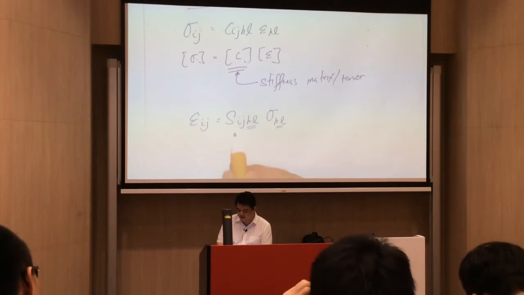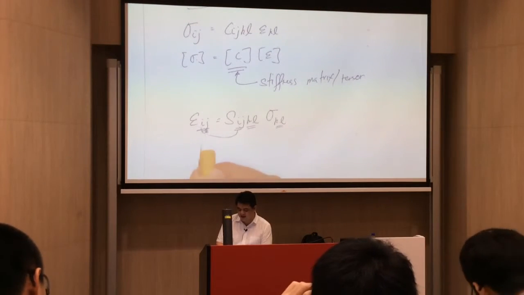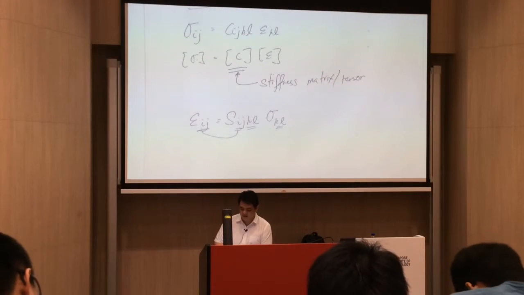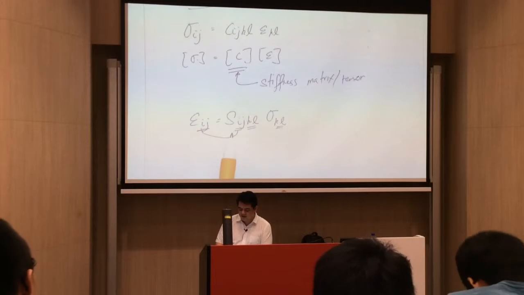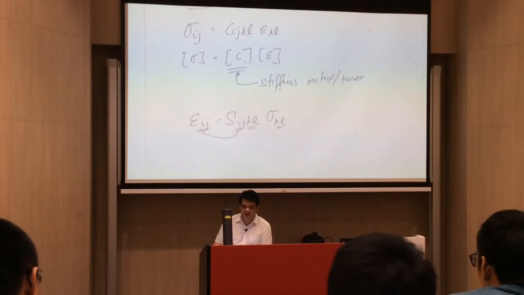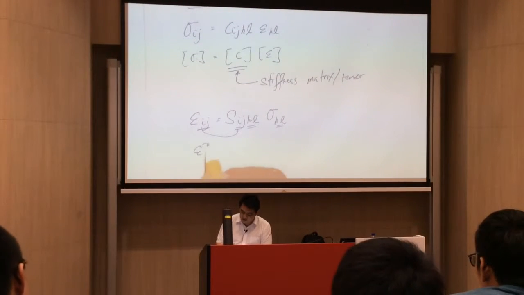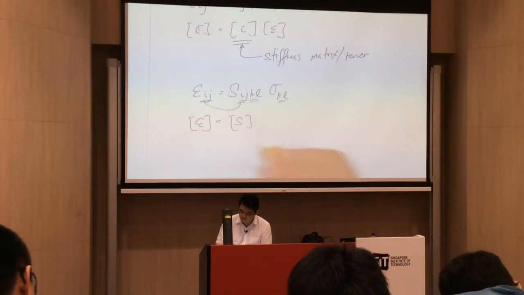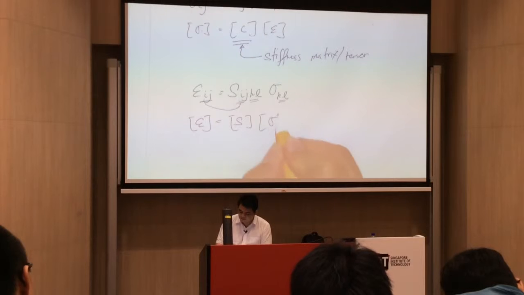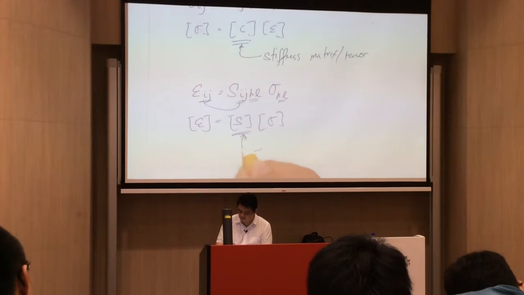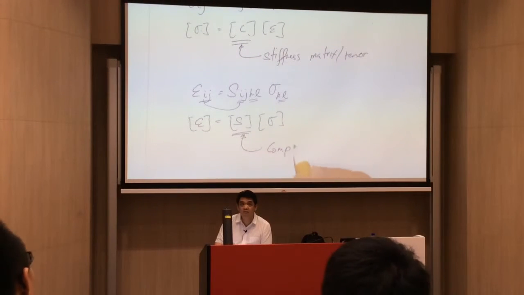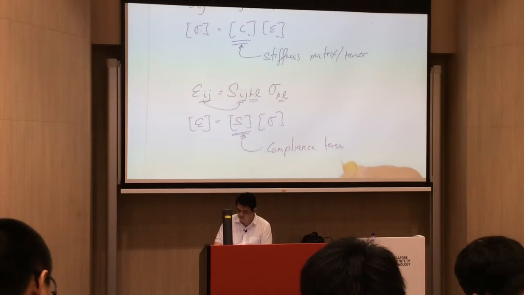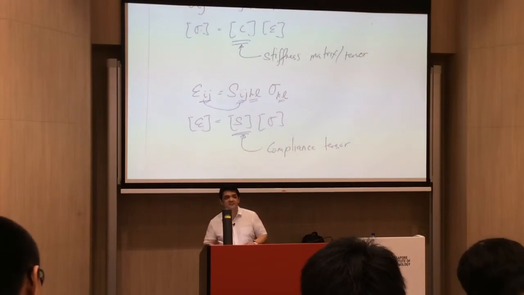Dummy index, free index, which is the same as this one here. So this is not called the stiffness matrix, this is now called the compliance tensor, or compliance matrix.